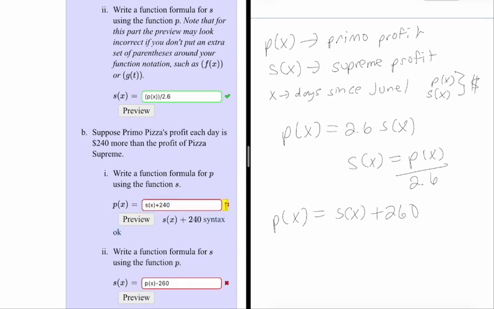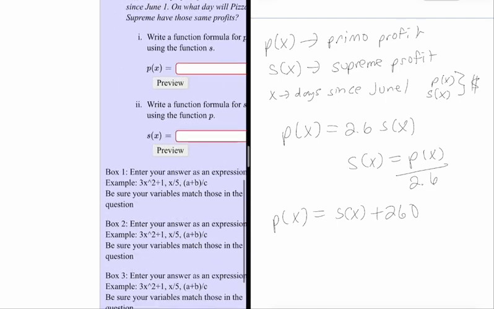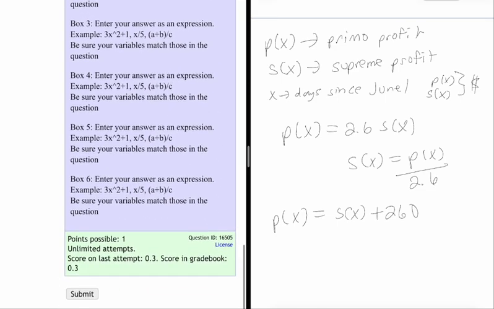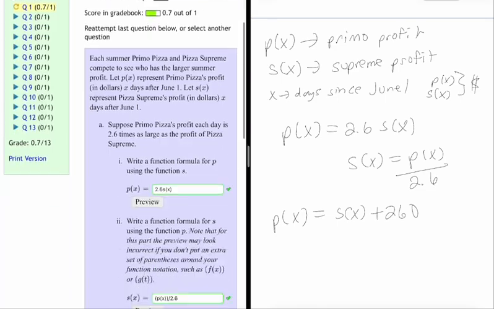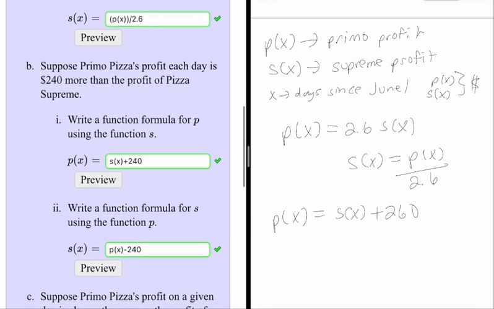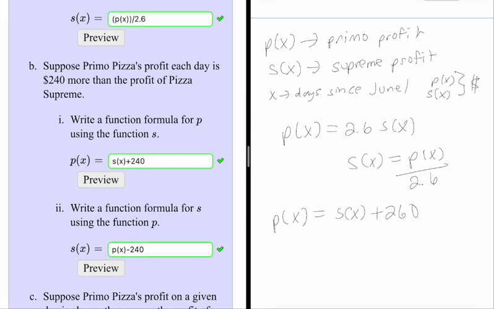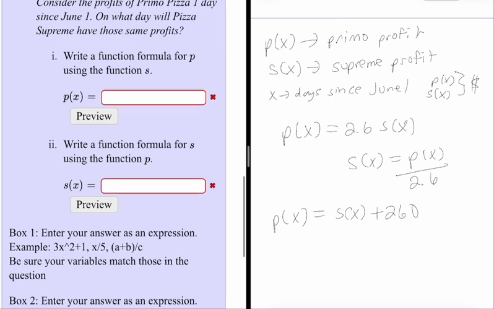Mine's 240, Mrs. Hott, please read your numbers. Okay, so that's what they wanted there. Did you see how I entered it with that double set of parentheses? I couldn't get it to do it without that. I divide by whatever we used in that first section, that 2.6 for me.